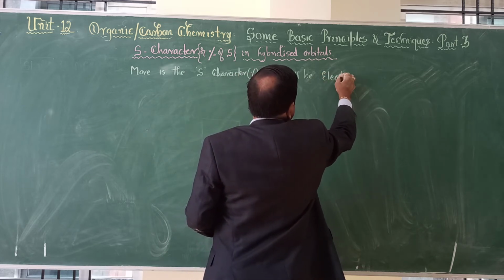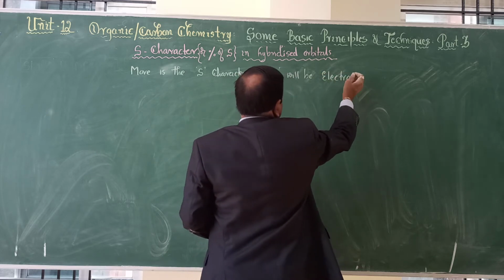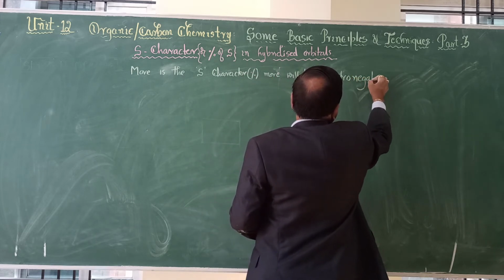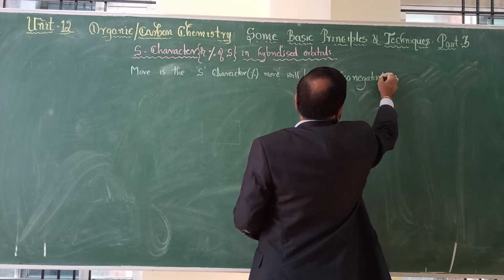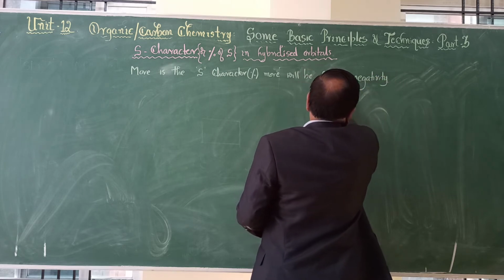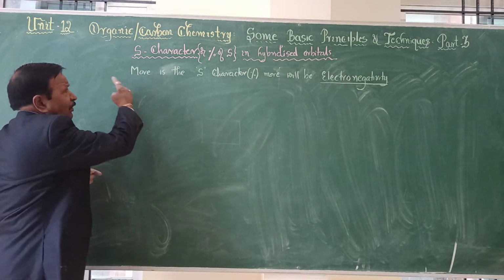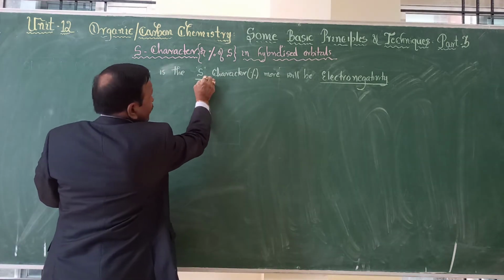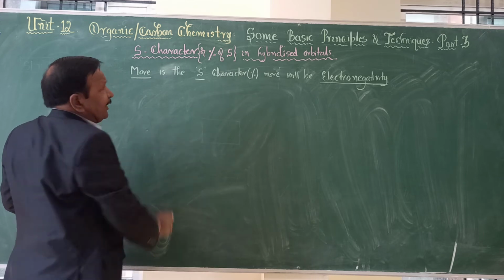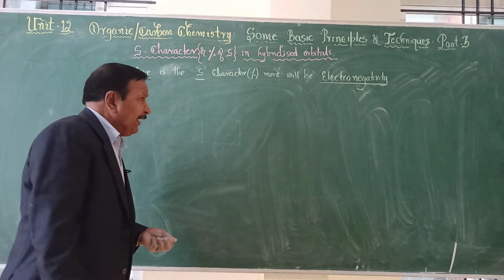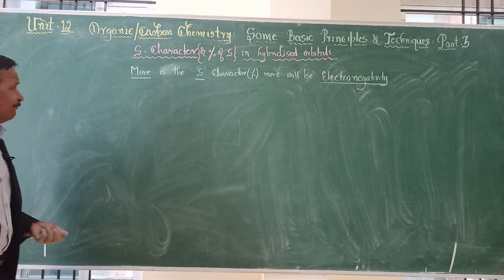That means the capacity to attract electrons. So the importance of S character is: the more the S character, the more will be the electronegativity. That is what we are going to measure.